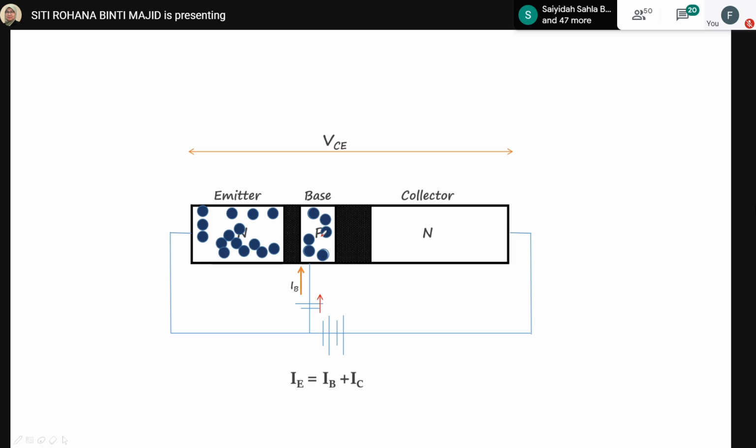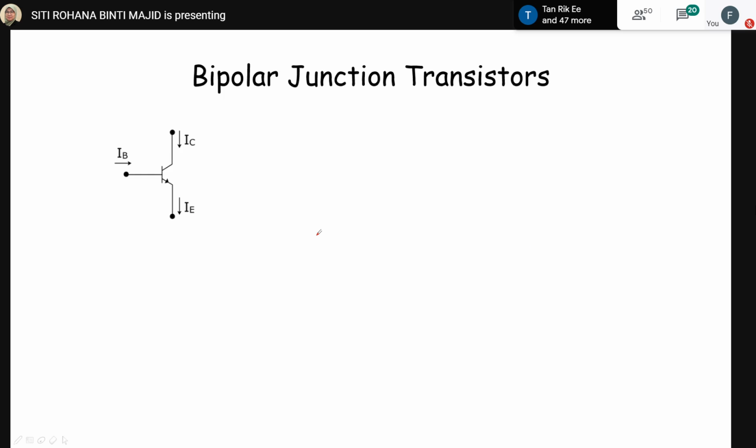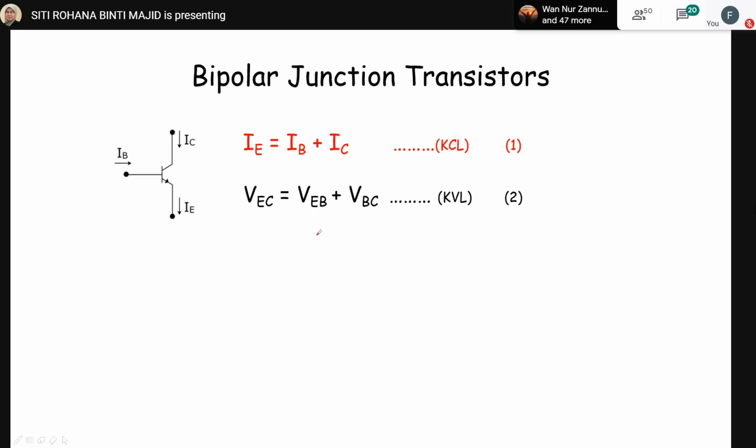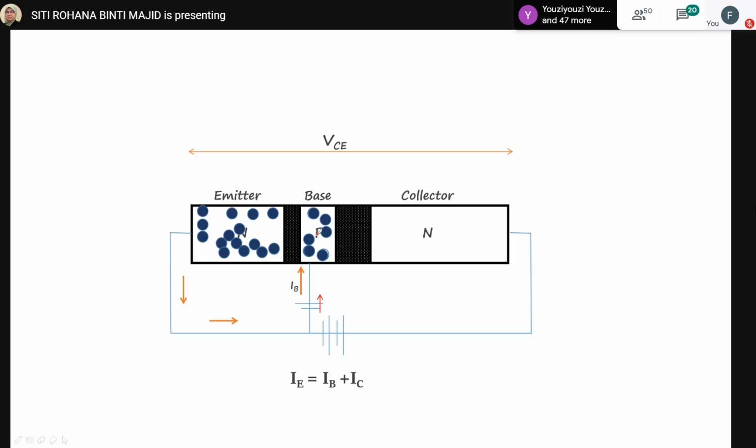So now we will have IB entering the base, and once the electrons move in this loop, there will be current flow to the base. For the current, we can write IE equals IB plus IC.